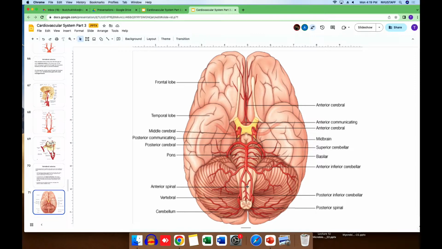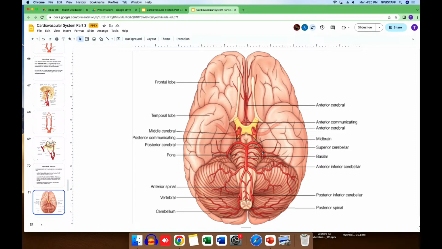So we have the anterior spinal artery, and on both sides we have the vertebral arteries, which created our basilar artery, and our basilar artery then gave its own branches, and we're talking about these branches right here. So you see here anterior inferior cerebellar arteries. You have pontine arteries, and you will see here these superior cerebellar arteries, right?